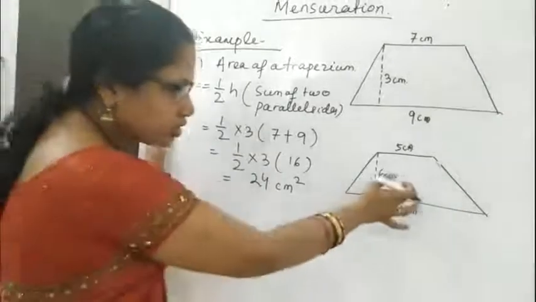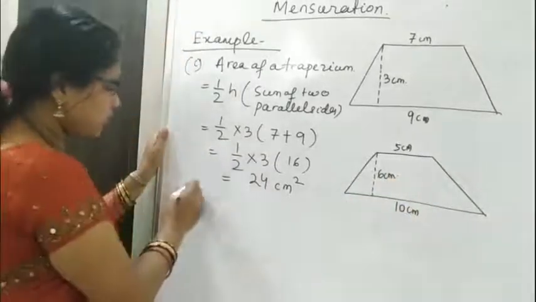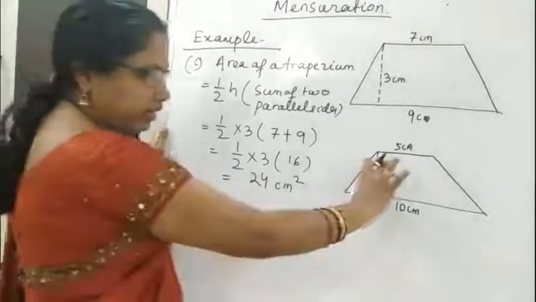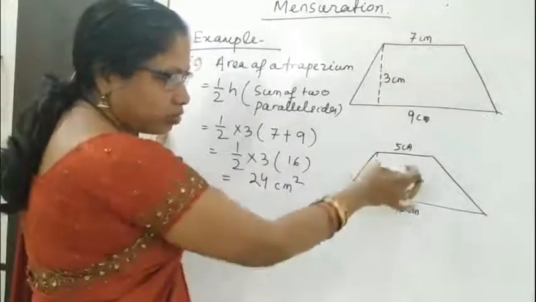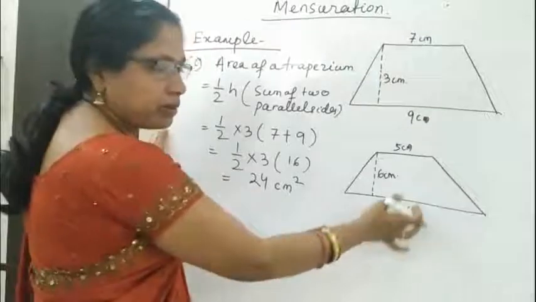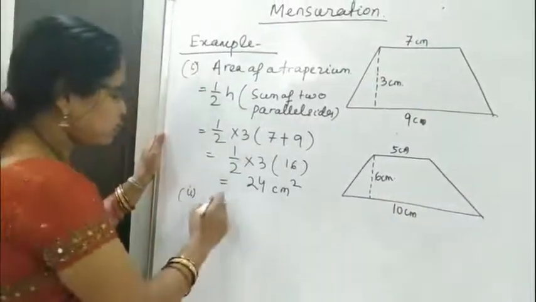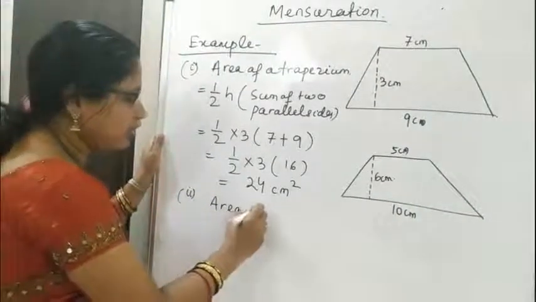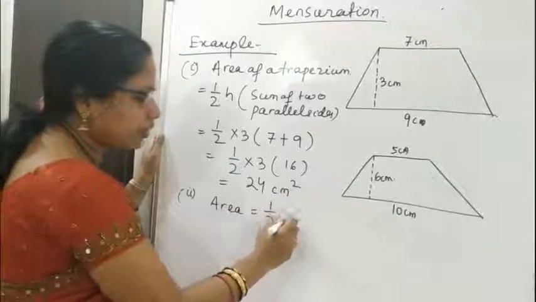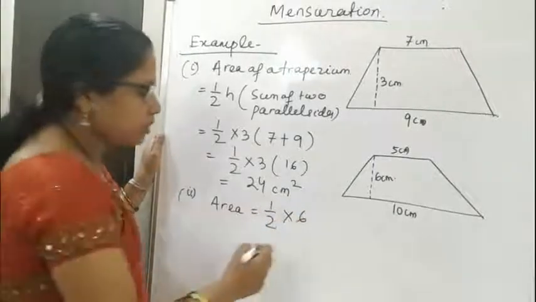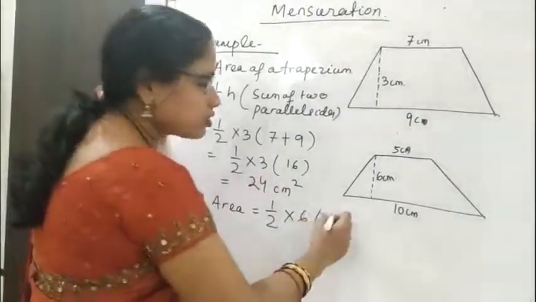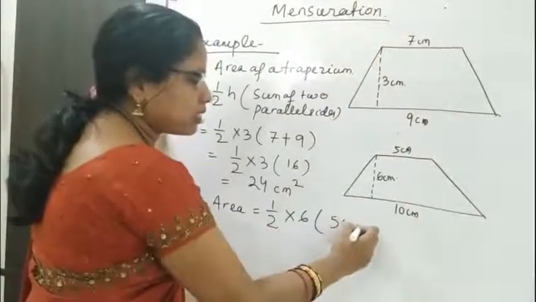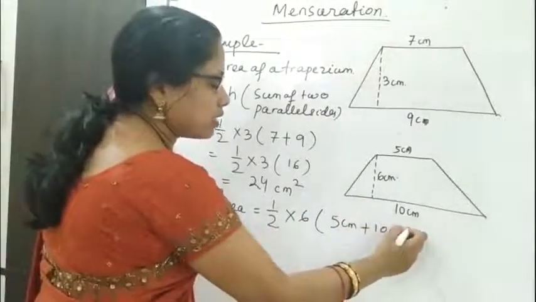So let us consider the second figure. In the second figure, the height is 6 centimeter and the two parallel sides are 5 centimeter and 10 centimeter. So here area is equal to half multiplied with height, that is 6 centimeter, multiplied with sum of two parallel sides, that is 5 centimeter plus 10 centimeter.